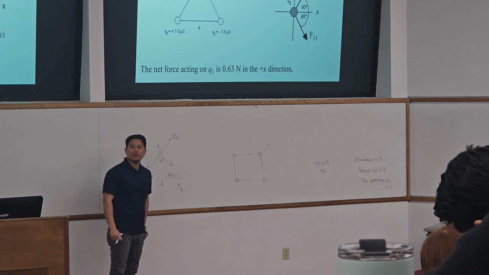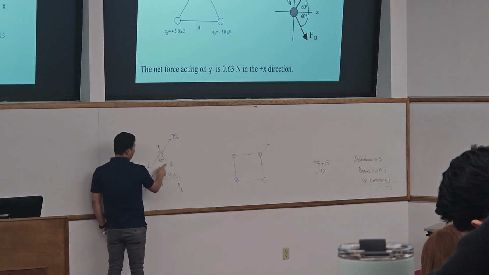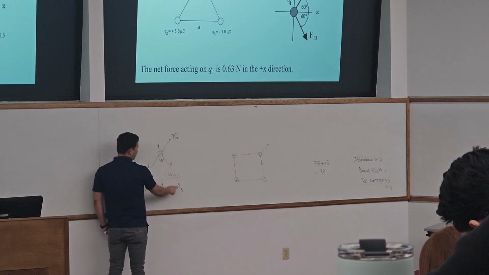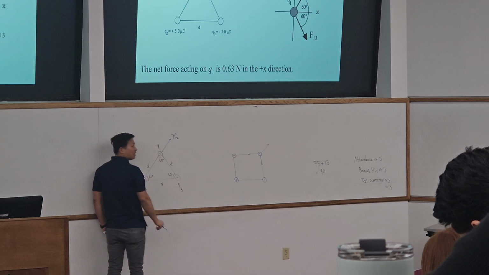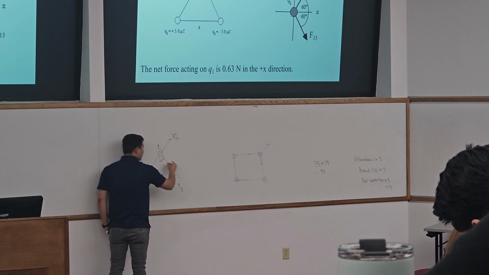Do you agree with me? Because this is positive, they repel. You have one more force coming from this charge. This is positive, this is negative. They attract. The force is going to be this way.